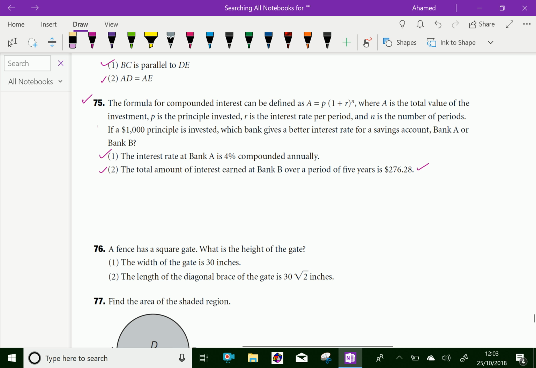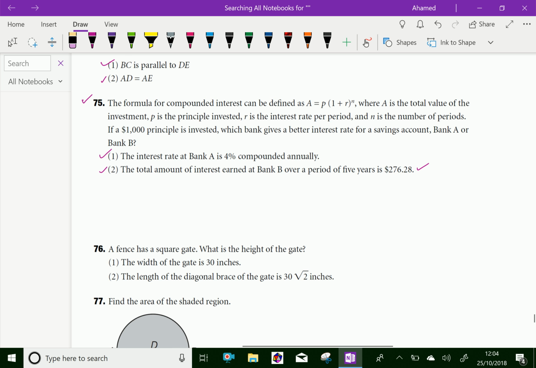We do not have enough information to substitute into the formula; you would need both statements. We have principal, rate and number of years for bank A and bank B. Again, you do not need to actually compute the interest earned once you can answer the question.